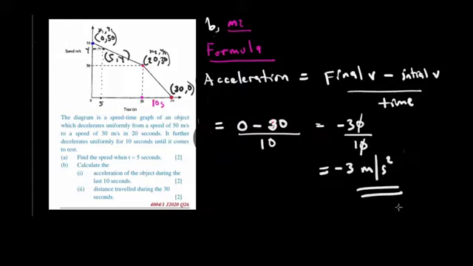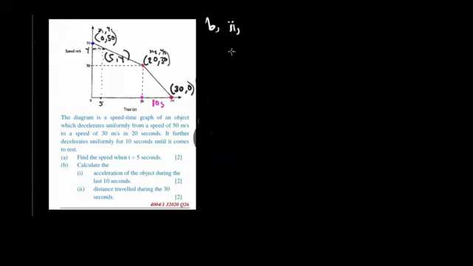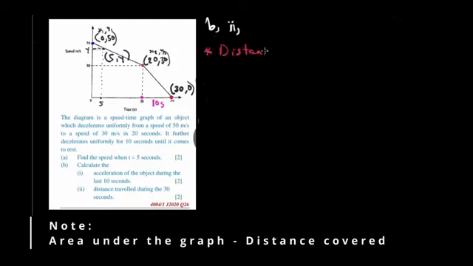Let us now go over to part 2 of our question. Calculate the distance traveled during the 30 seconds. How do we calculate the distance? We should know that the distance is given by the area under the speed time graph.